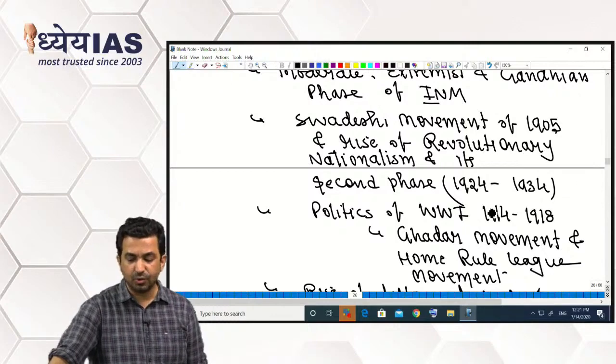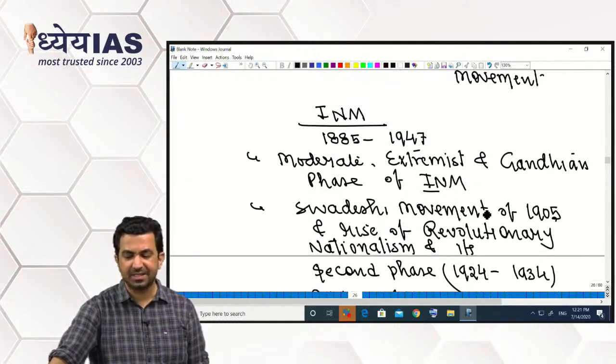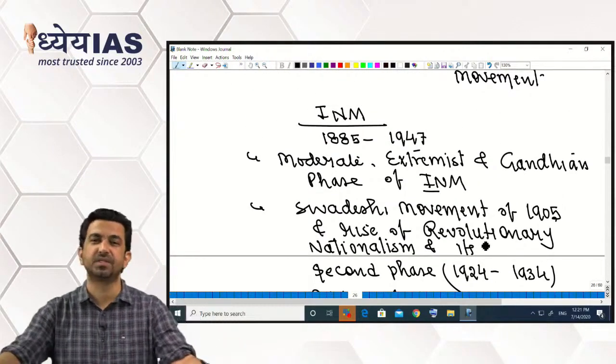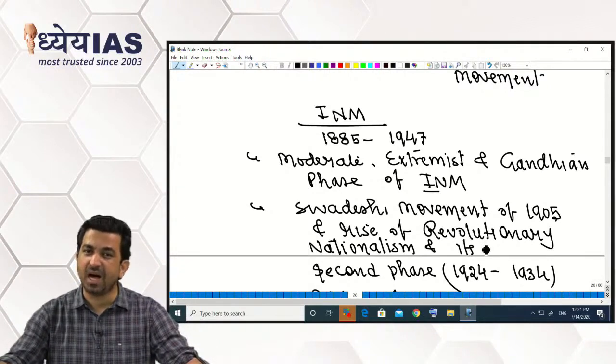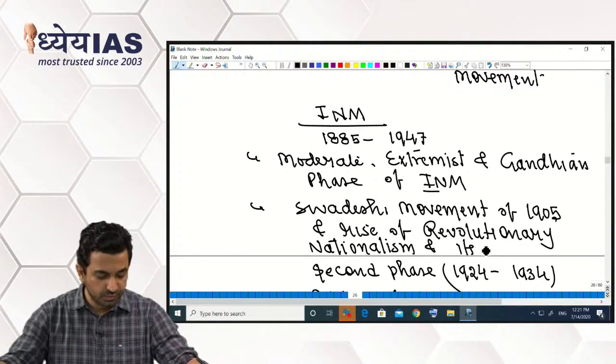And to cover these topics, it takes not more than 2 to 2.5 months, including topics of India after independence and world history. So Unit 1, Unit 2, and Unit 3.